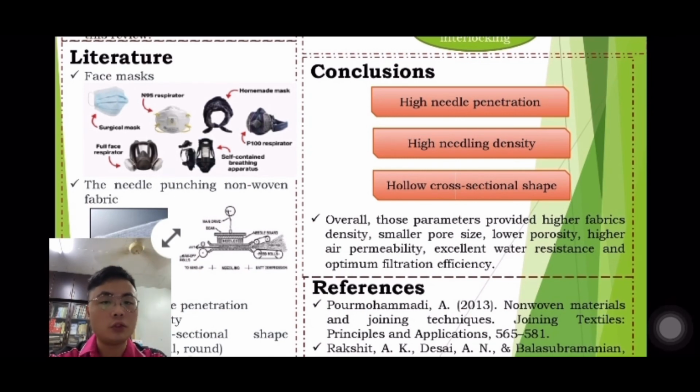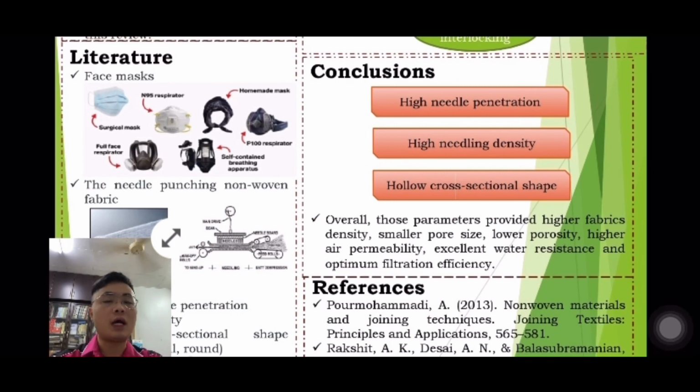Lastly, for the conclusion of my PSM 2, we can conclude that high needle penetration, high needling density, and hollow cross-sectional shape of fiber are suggested as the non-woven fabric parameters used for face mask production. Those parameters provide better physical properties such as higher fabric density, small pore size, low porosity, high air permeability, excellent water resistance, and optimum filtration efficiency.